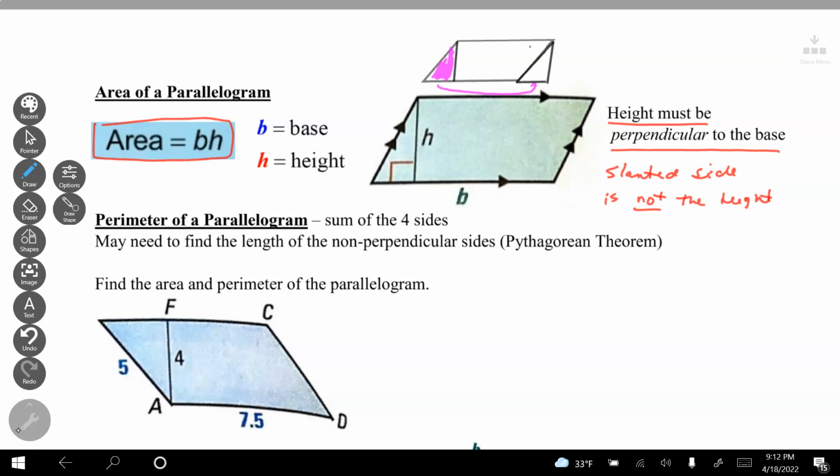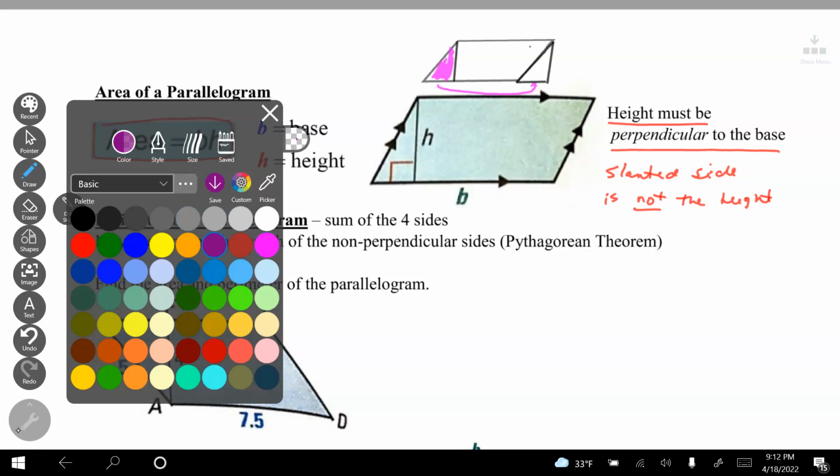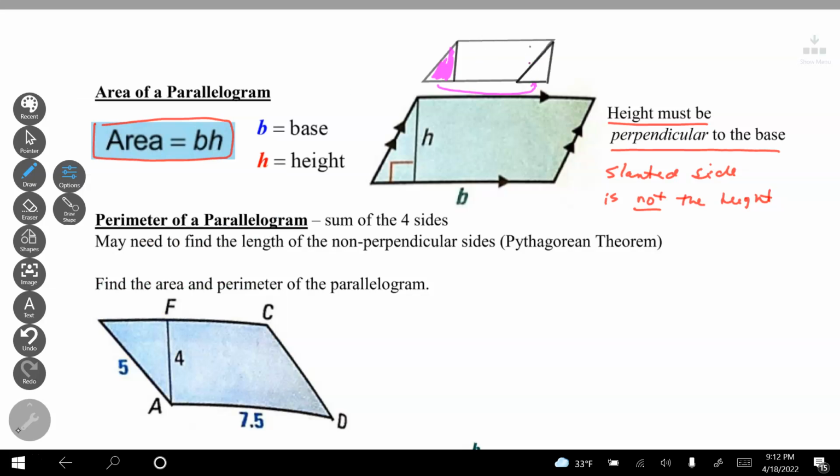So when I move that little pink shaded area to the other side of the parallelogram, I have this whole new parallelogram that I'm going to shade in purple, the original parallelogram plus this new part here. And then you see that this purple shape is just really base times height, which is exactly the same as a rectangle. So the area of a parallelogram and rectangle are very much the same.